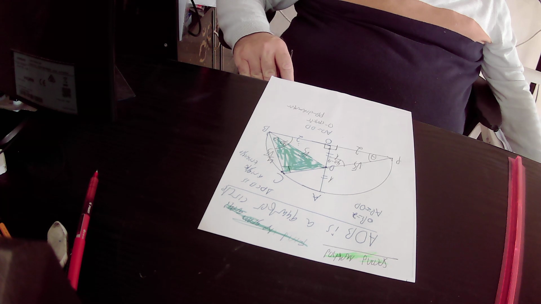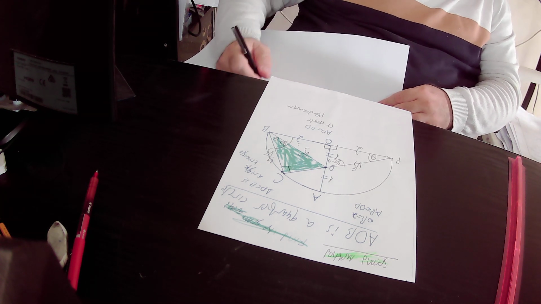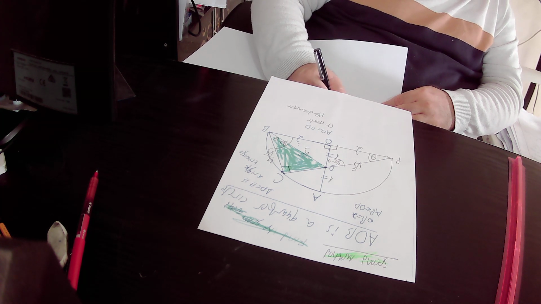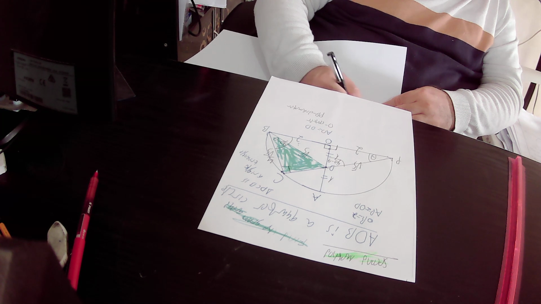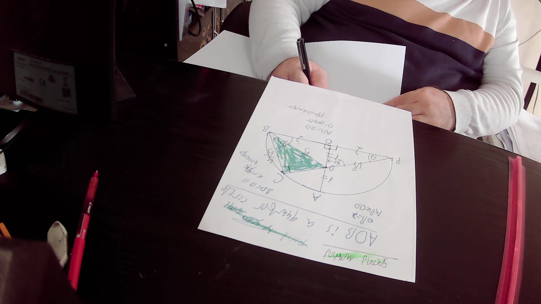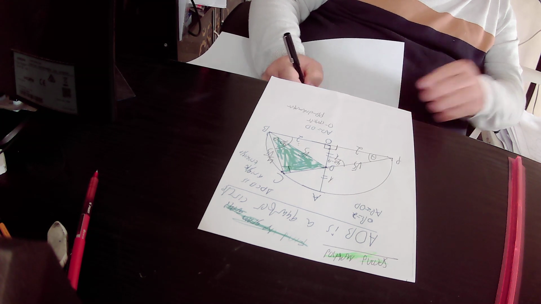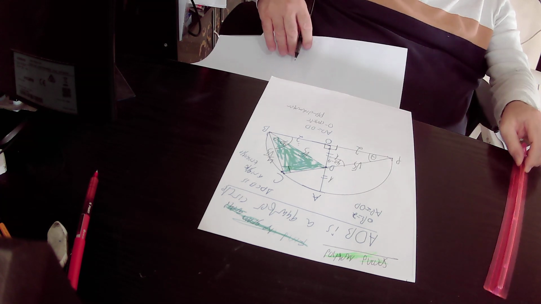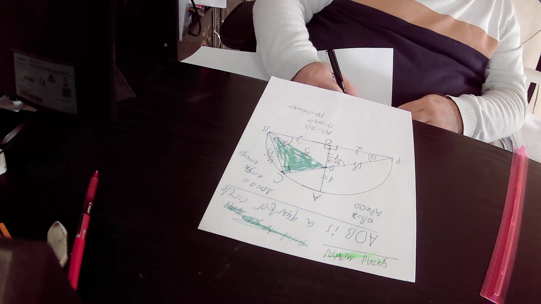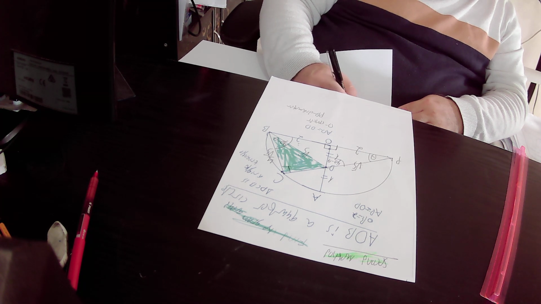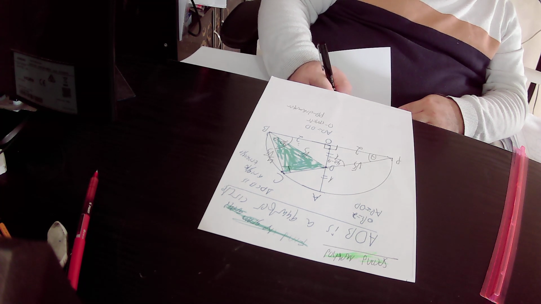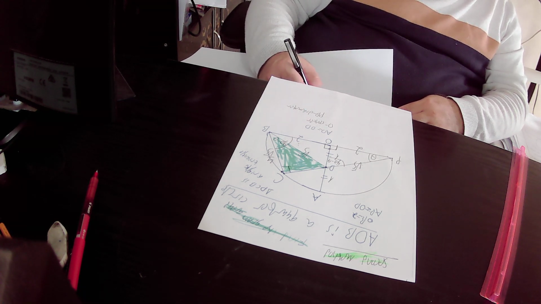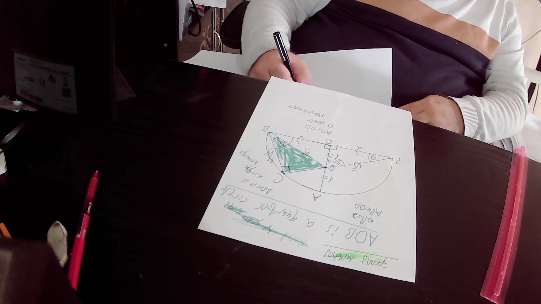On the right blue triangle, triangle DCB, according to the Pythagoras theorem, DB squared equals CB squared plus DC squared.